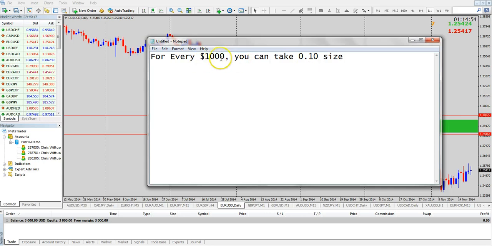So if you have $1,000, you know that 1% is $10. So the max you want to risk is 3 to 5%, which equals $30 to $50. If your trade goes against you, and you took one trade that's 0.10 in size, your stop loss is equal to 30 to 50 pips.